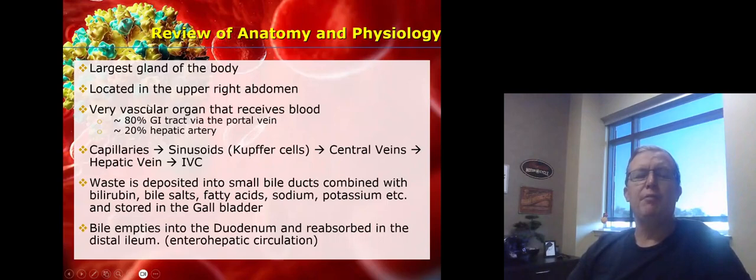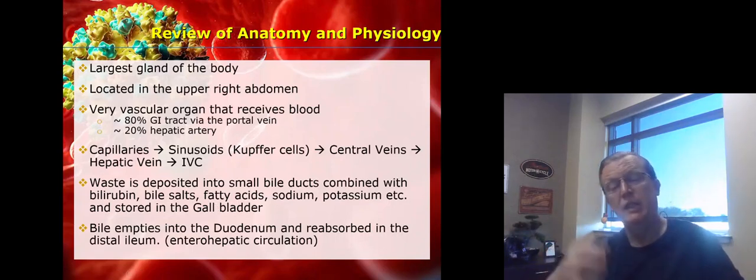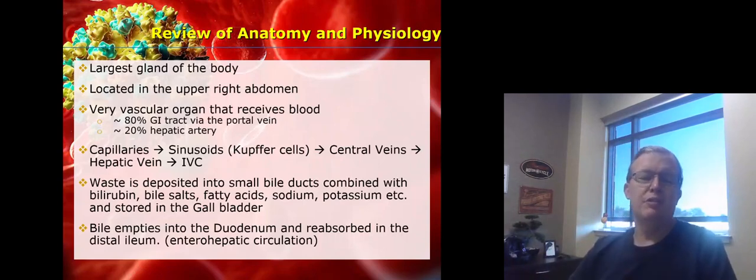Then waste from the liver is deposited into the small bile duct, which then is housed in the gallbladder, where bilirubin, bile salts, fatty acids, sodium, and potassium are all combined together to help emulsify and break down those components so that they're prepared for elimination through the gastrointestinal tract, unless there are things there that need to be absorbed.